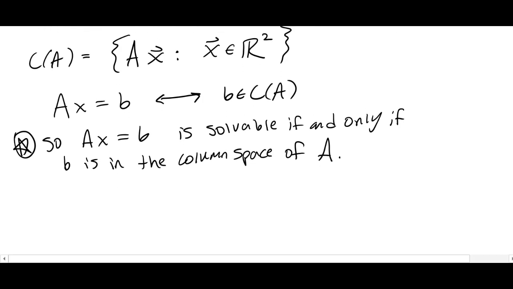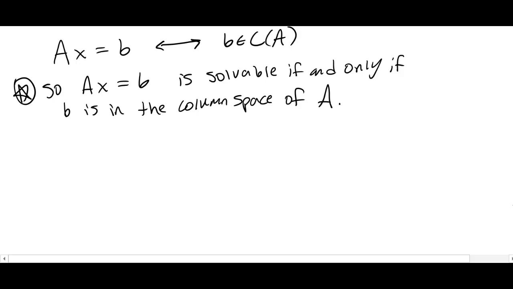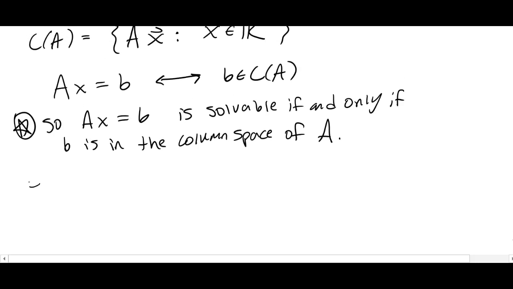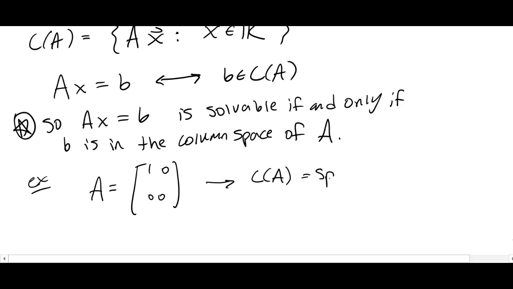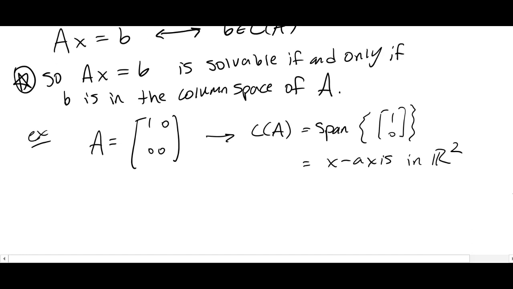So an example: take this matrix 1, 0, 0, 0. The column space of A is just the x-axis, because it's just the span of 1, 0. The column 0, 0 doesn't add anything to the span, so that's just the x-axis in R2. So if you take the vector b, which is 0, 2, that's not on the x-axis, so it's not in the column space.